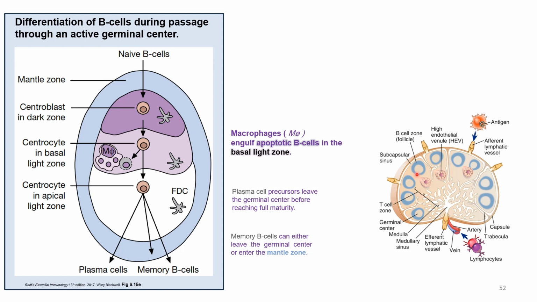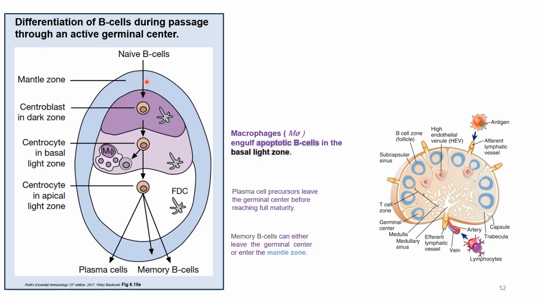And now I want to look inside one of these germinal centers, and that's what we can see on the left here. There's really a differentiation taking place within this zone, which also has a number of sub-zones. So there's this mantle zone around here, which is full of various types of B cells.